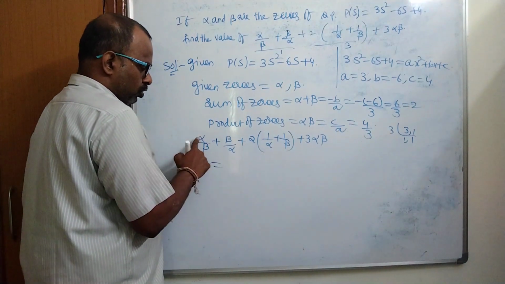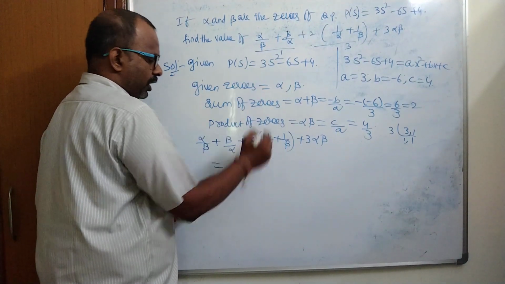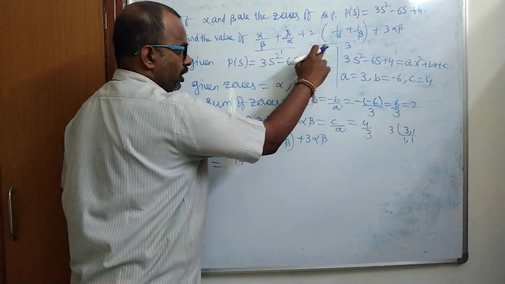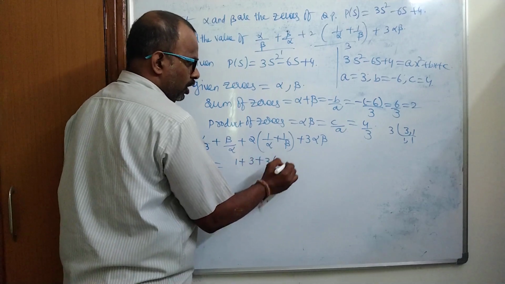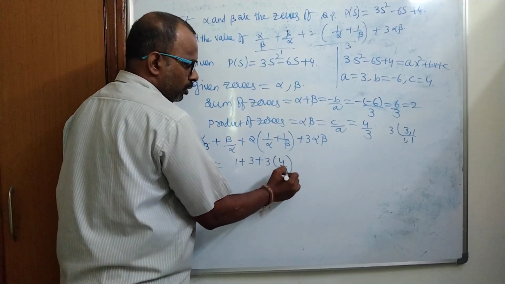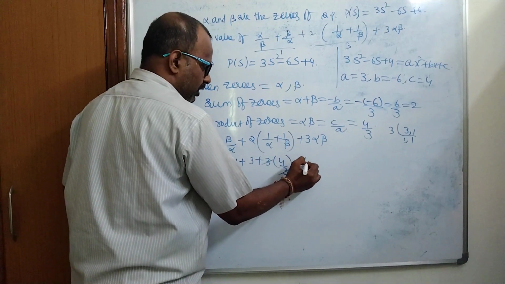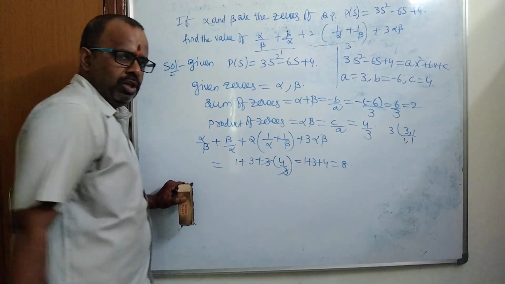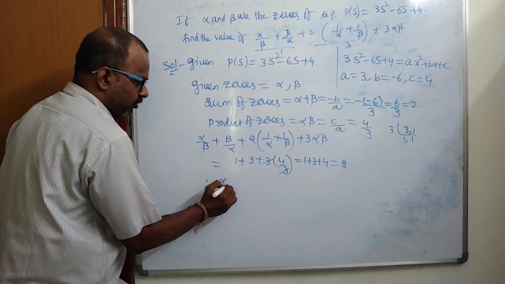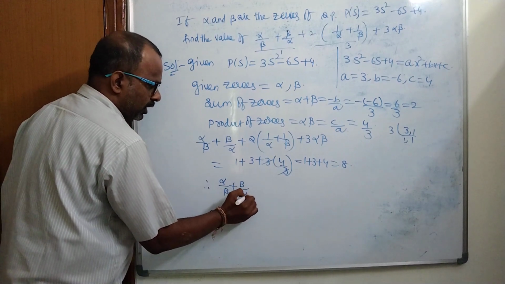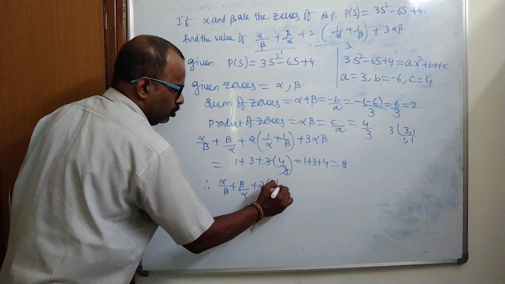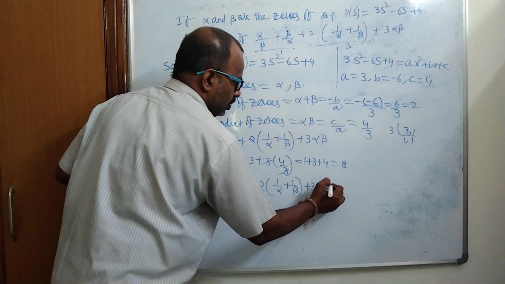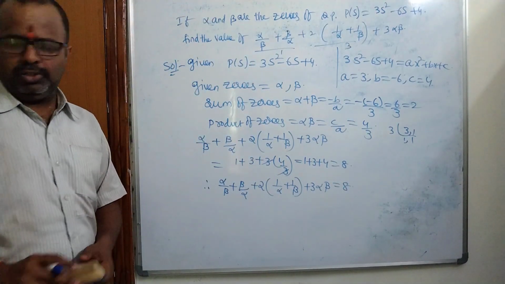That is equal to alpha by beta plus beta by alpha, which is 1, plus 2 into, this total, which is 3, plus 3 into alpha beta, which is 4 by 3. 3 and 3 will get cancelled. 1 plus 3 plus 4: 3 plus 1 is 4, 4 plus 4 is 8. Therefore alpha by beta plus beta by alpha plus 2 into 1 by alpha plus 1 by beta plus 3 alpha beta is equal to 8.